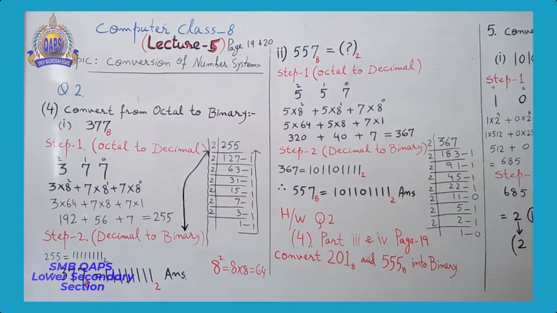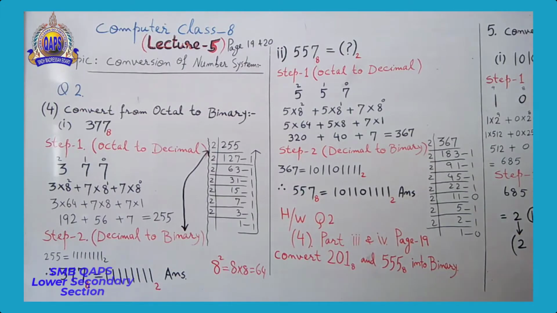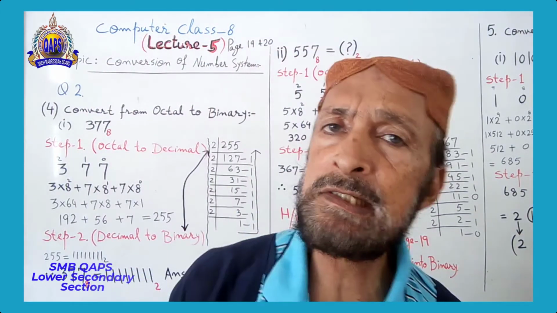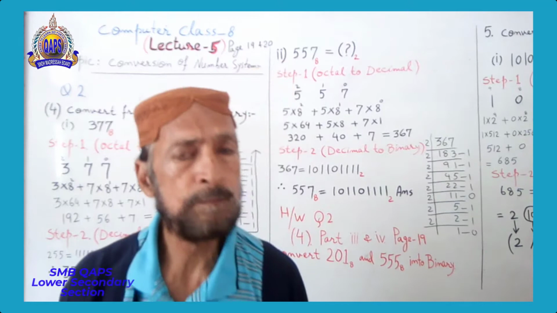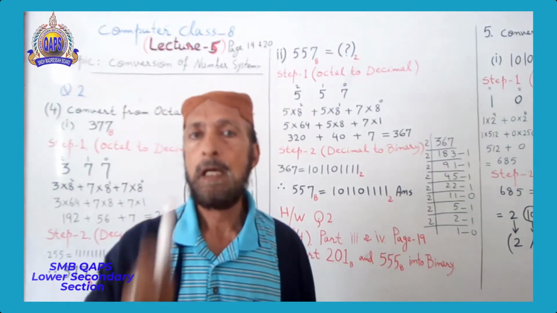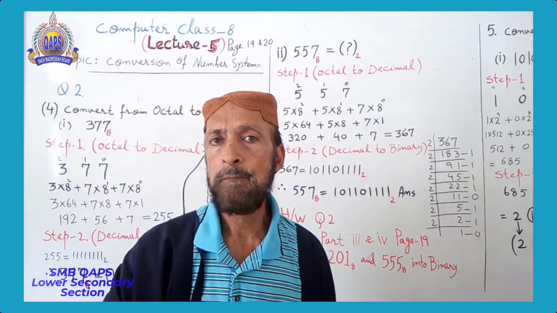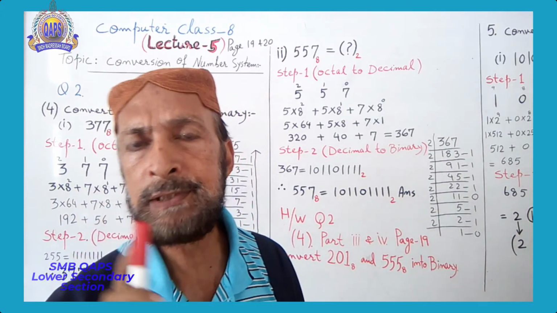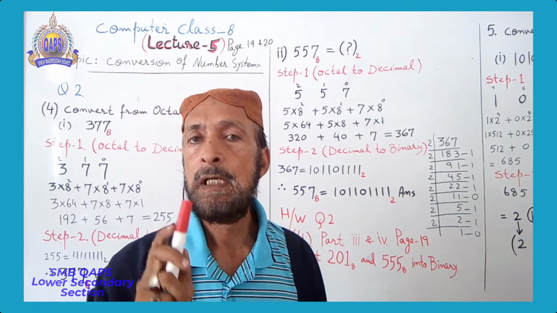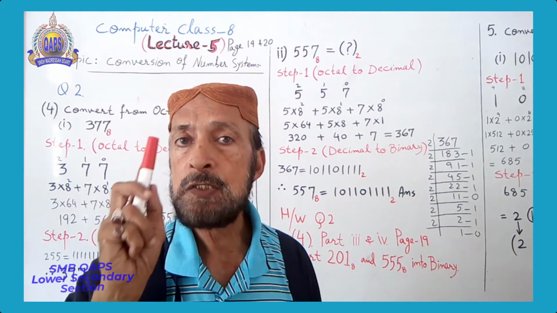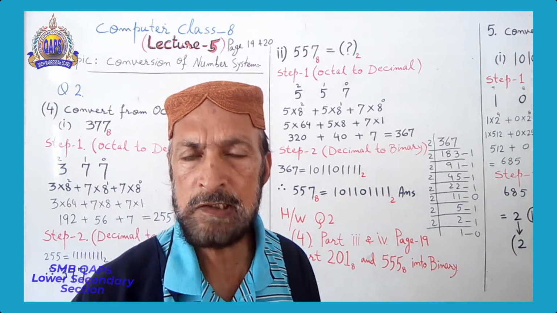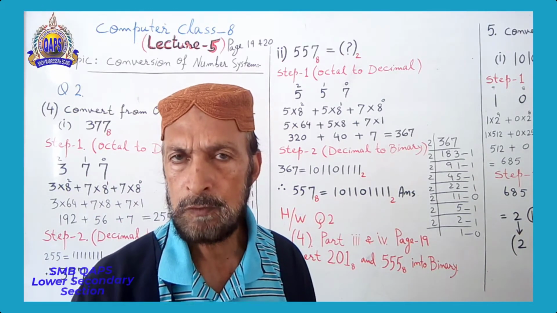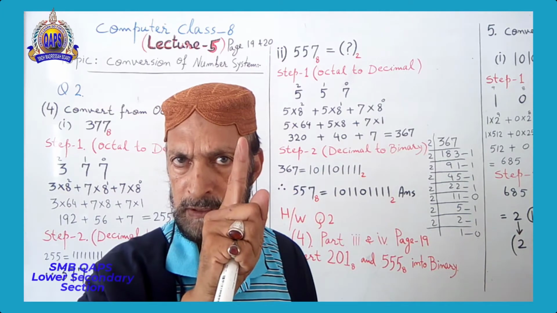Yesterday in my lecture number 4, I wrote this sentence for you and I asked you to remember that. What was the sentence which I wrote yesterday? I wrote: any digit raised to the power 0 always equals 1.